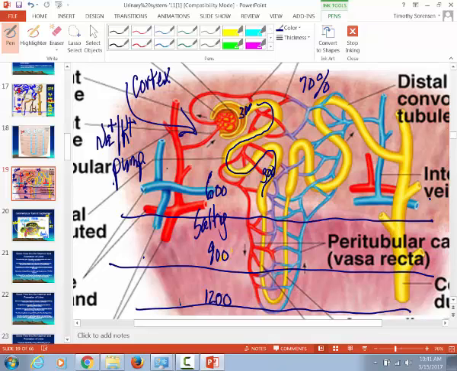Okay, now watch. As you can see, the proximal convoluted tubules, they're kind of tubby. Look. Right? They're tubby tubules.